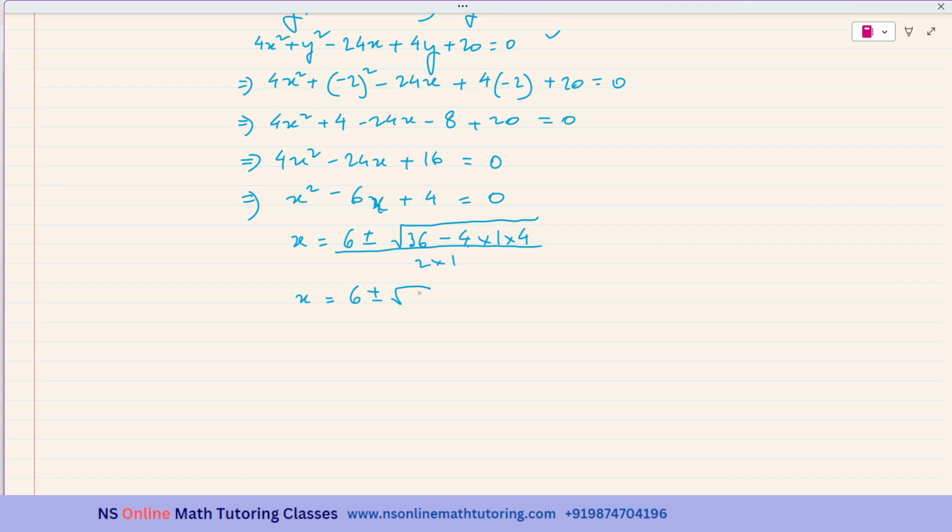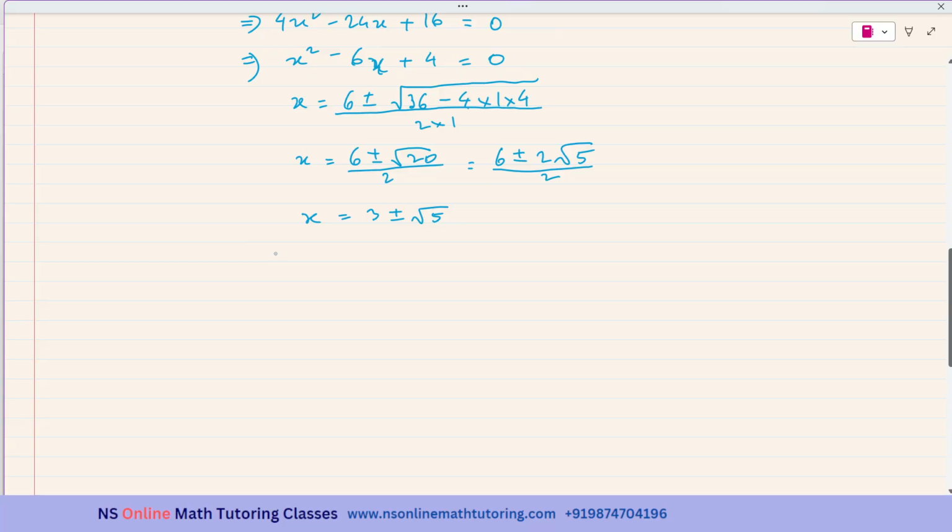So square root of 20 over 2, and 20 is 5 times 4, so this can be written as 6 plus minus square root of 4 is 2, so 2 root 5 over 2. So x is equal to 3 plus minus root 5. 3 minus root 5 will be x1 and 3 plus root 5 will be x2.